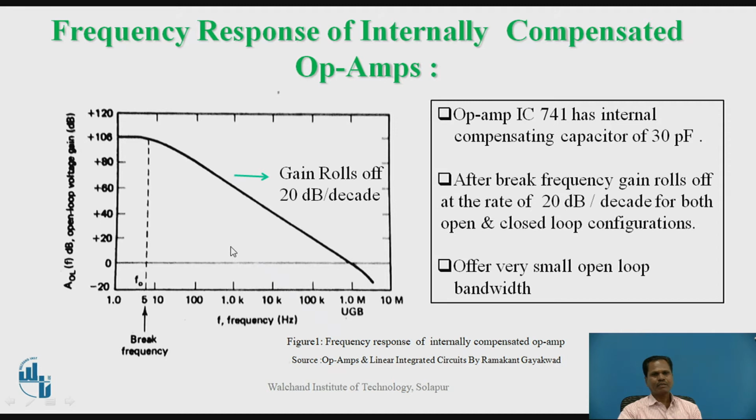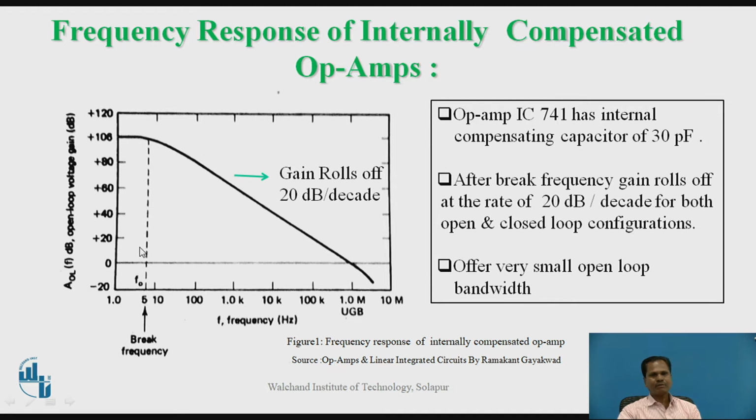At break frequency, the open loop gain of operational amplifier is 3 dB less, or 3 dB down from its maximum value at frequency 0 Hz, which is the maximum value of DC internal gain of operational amplifier IC741.